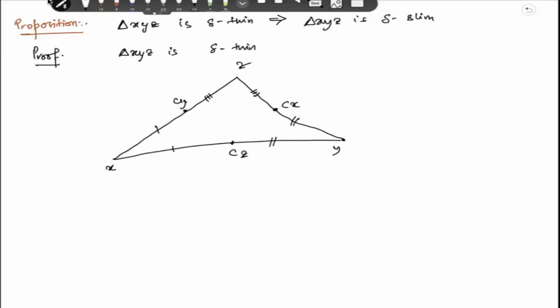And now given any point Xt here and Xt prime here, you know that this distance is less than or equal to delta. That is the definition of thinness.